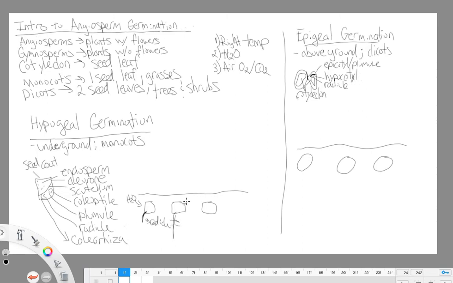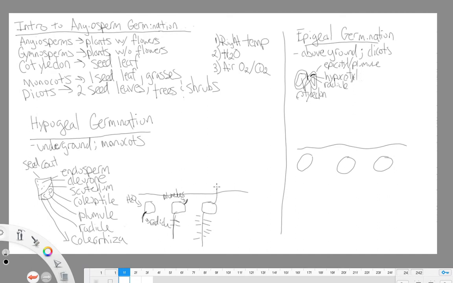Next, the plumule begins to grow. That's the primary shoot, and it is growing protected by a sheath called the coleoptile. If we move right along, this gets bigger, and we may see more secondary roots.